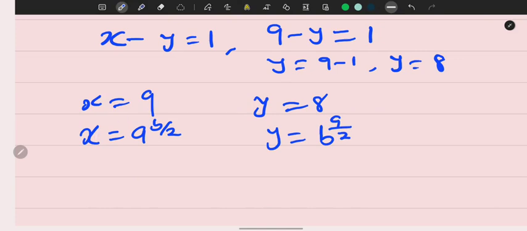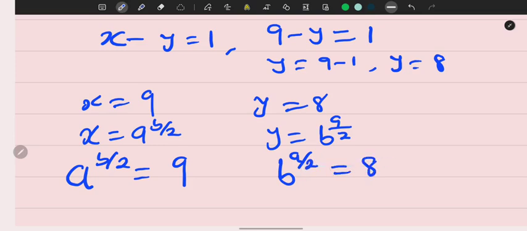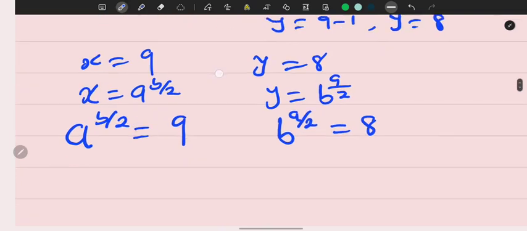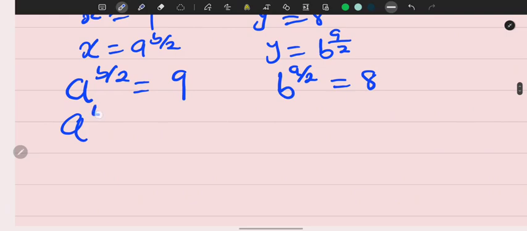Let's make the substitution here. So a to the power of b over 2 equals 9, and on the other side you have b to the power of a over 2 equals 8. I'm solving the two simultaneously. To remove the 2s here, we can just square both sides. A to the power of b over 2 all squared, then 9 squared.